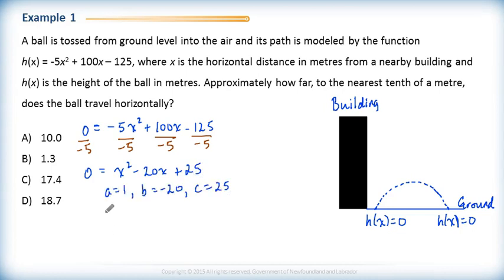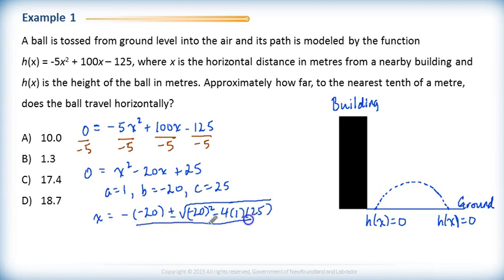Since this will not factor, we apply our quadratic formula. x = -(-20) ± √((-20)² - 4(1)(25)), all over 2(1).